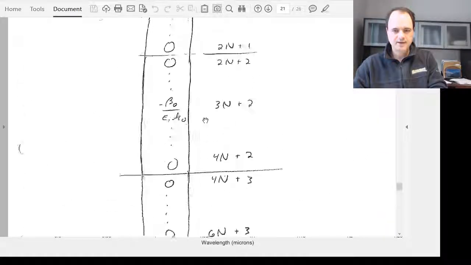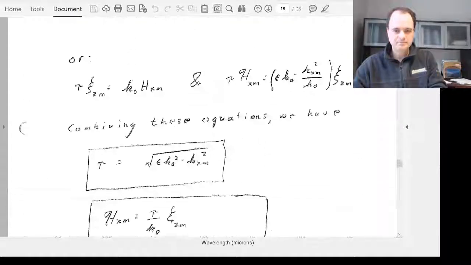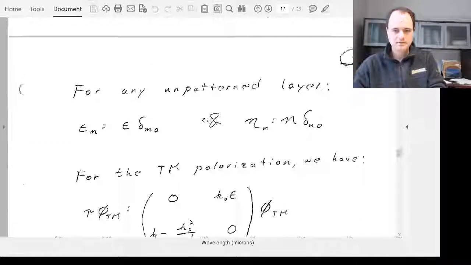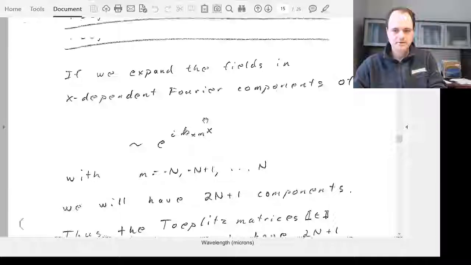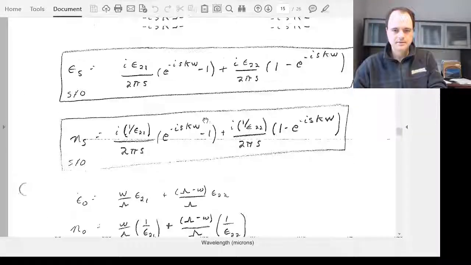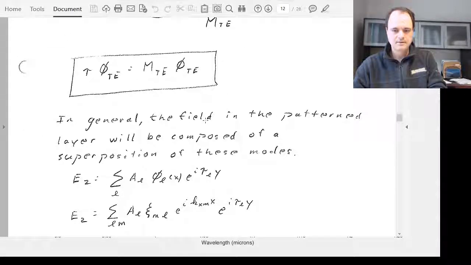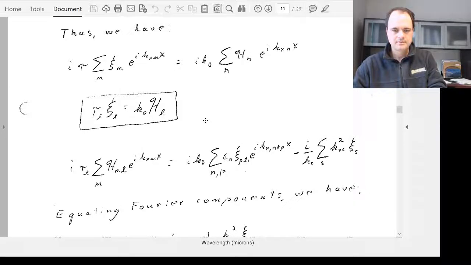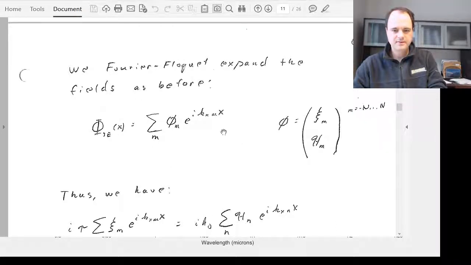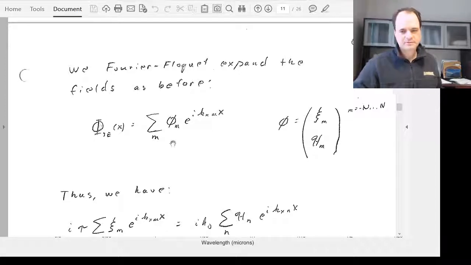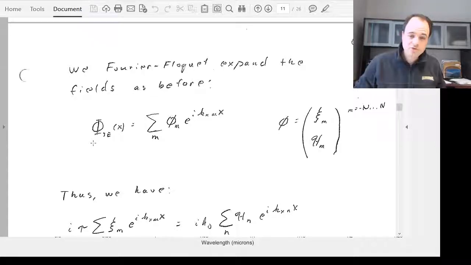And the fact is, you had to expand them in this way right here. So the whole prior lecture was showing you the fact that the fields have to have an x dependence of this. And then we could develop the very accurate and useful, as it turns out, rigorous coupled plane wave approximation.